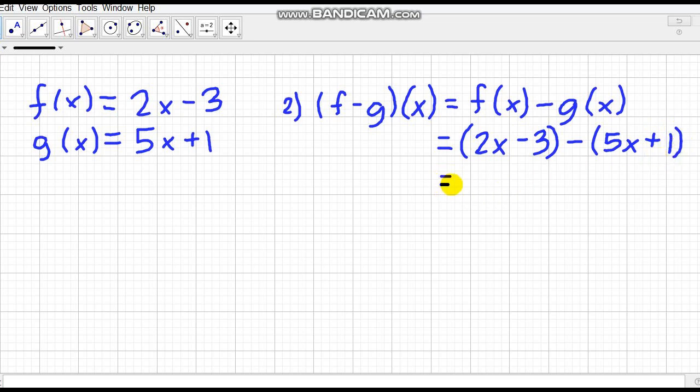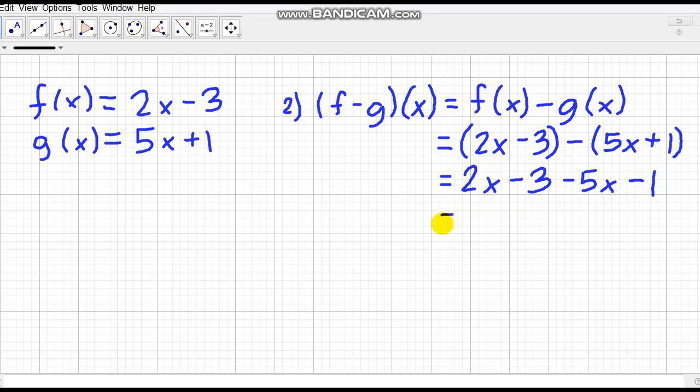So we substituted here for 2x minus 3, it's addition right here, it's positive, so we keep it as 2x minus 3. But for this one, it's a negative, it's subtraction, so the negative value is distributed to 5x and 1, so this becomes minus 5x minus 1.